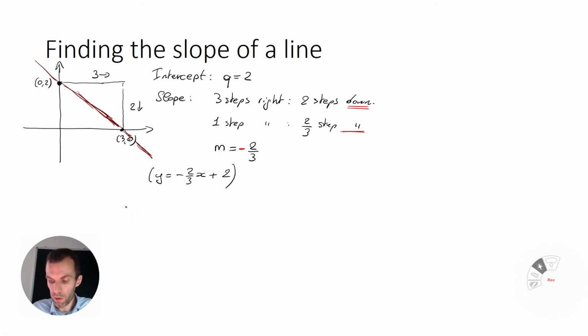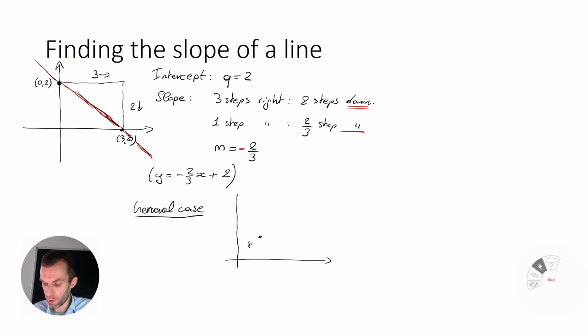So more generally, let's look at the general case. Let's say we want to find the line that goes through two completely arbitrary points, P with coordinates x1, y1, and Q with coordinates x2, y2.